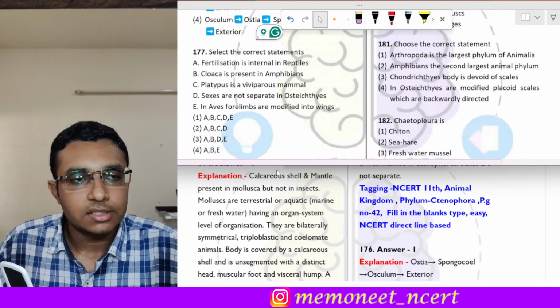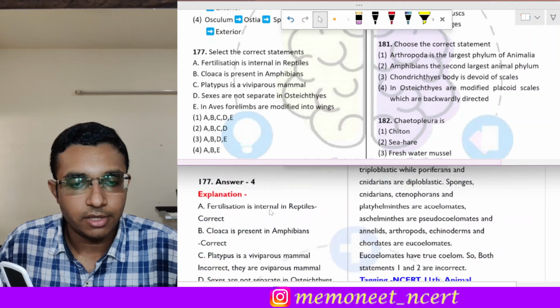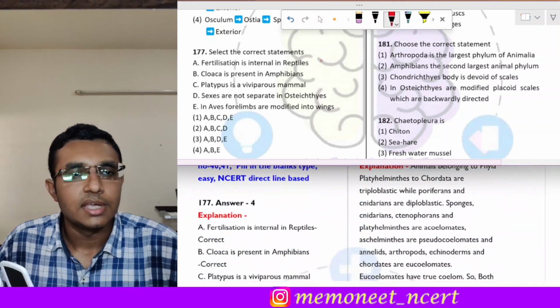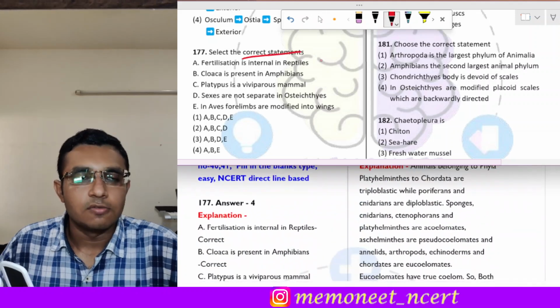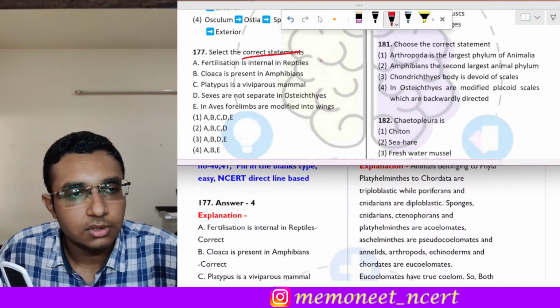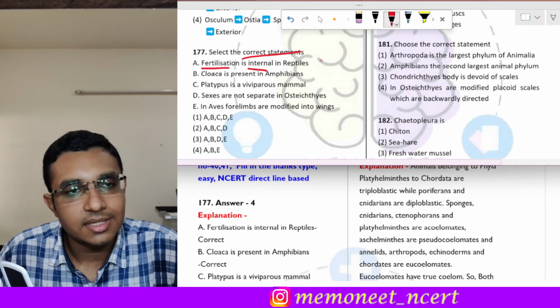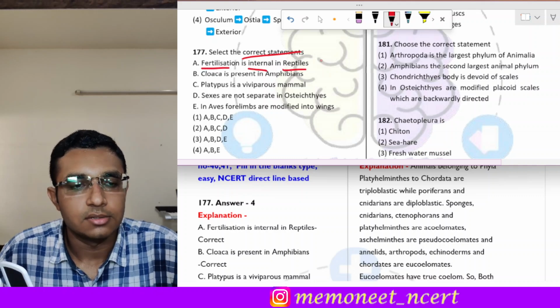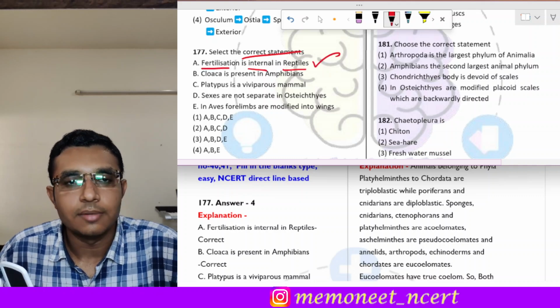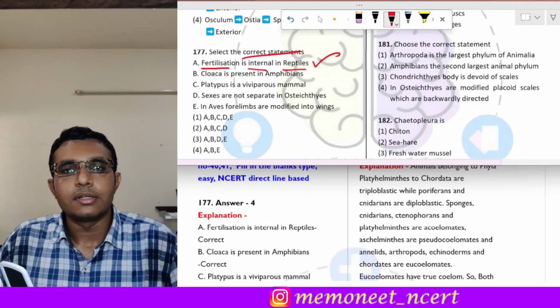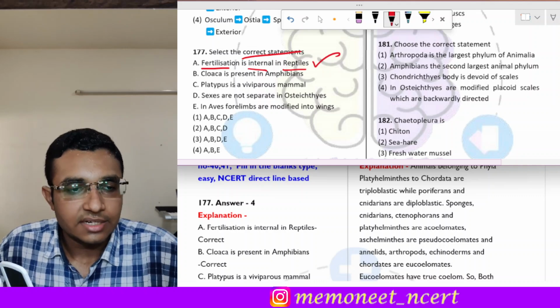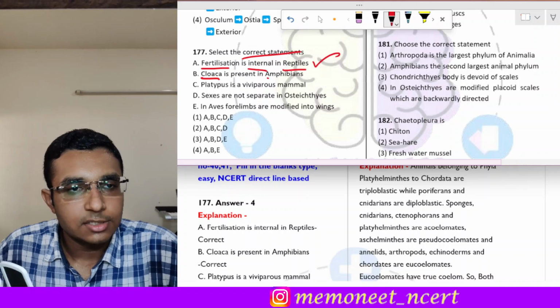Moving on to the next question, that is question number 177. The question 177 is: select the correct statements. We have to select the correct statements among the following 5 statements. The first statement is fertilization is internal in reptiles. Yes, this statement is correct. The reptiles show internal fertilization. The second statement is cloaca is present in amphibians.